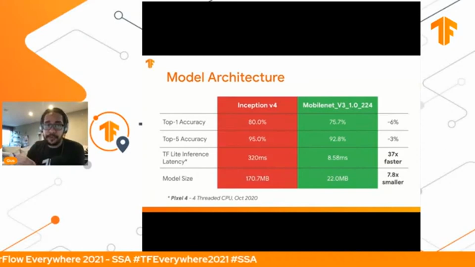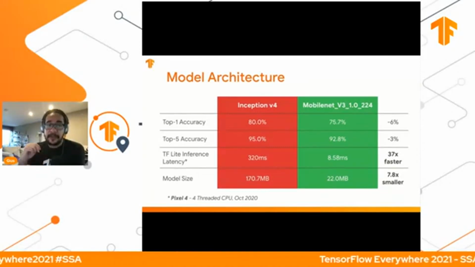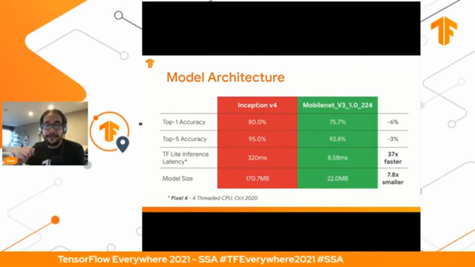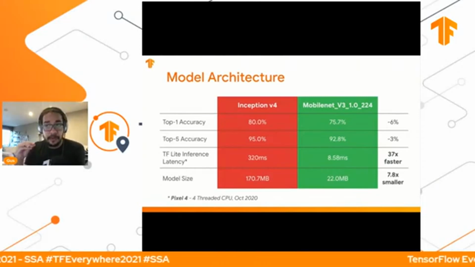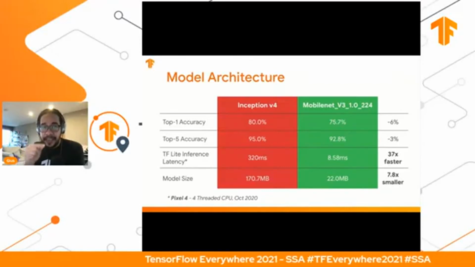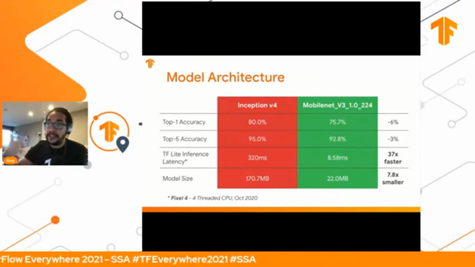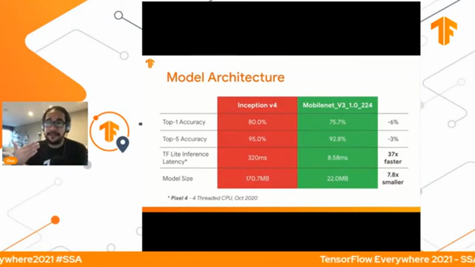And now we can see the super advantage here. When we run Inception V4 on TF Lite, it takes 320 milliseconds. That's like an eternity from a phone's perspective. But when we run MobileNet V3 on the same framework, it takes 8 milliseconds. So this is 37 times faster. And with 8 milliseconds, if you think about video or the rendering pipeline of phones, they render a frame every 16 milliseconds.